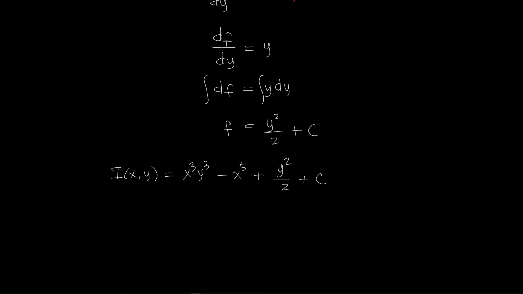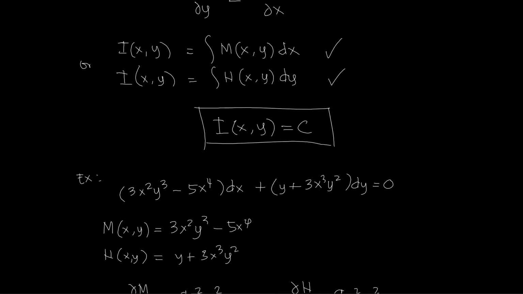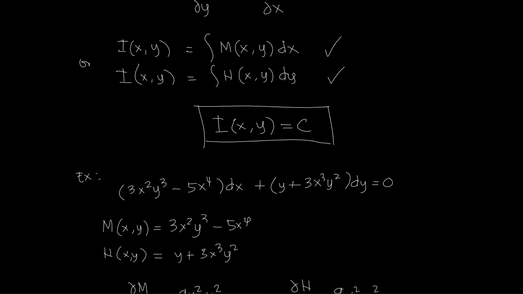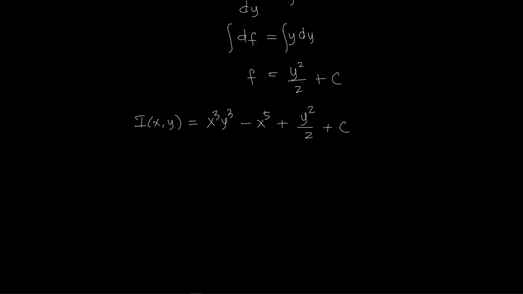Then, the general solution is I of x, y is equal to c. So, meaning, ang solution natin would be x cubed y cubed minus x to the 5th plus y squared over 2 is equal to c.